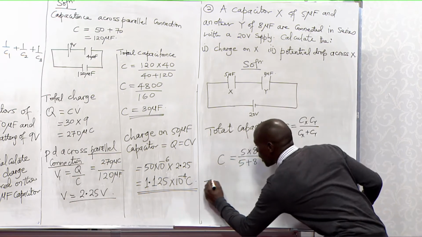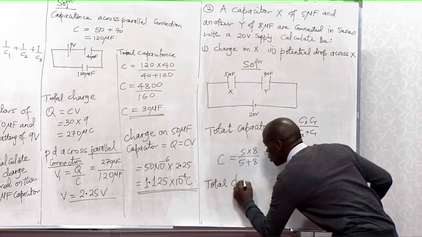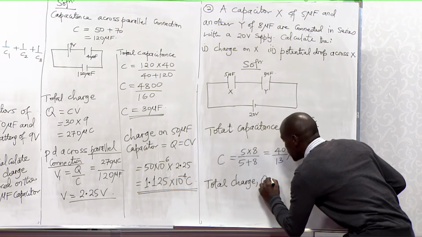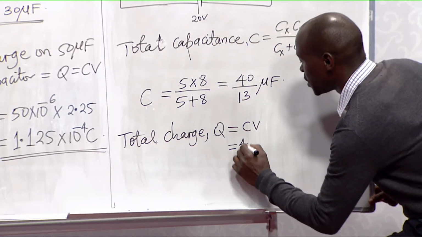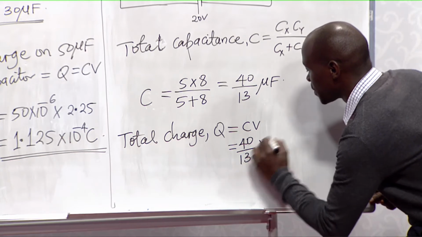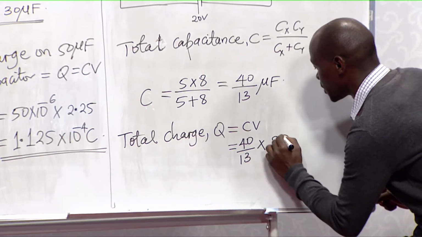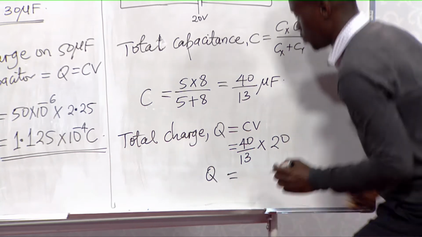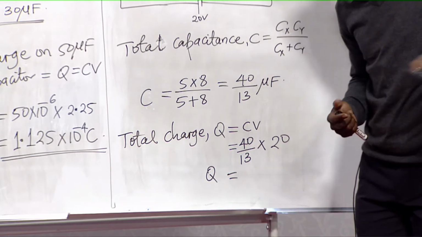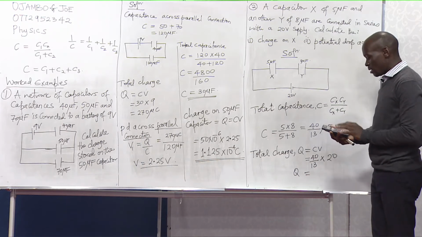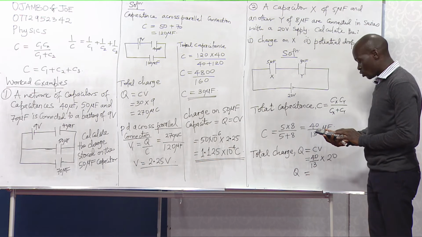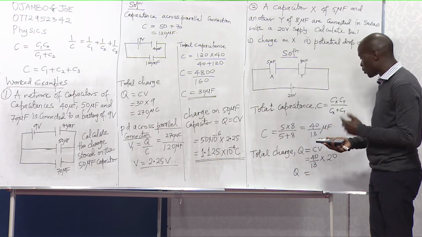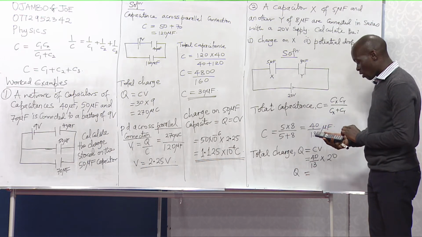So, total charge Q is equal to CV, which is going to give us our total capacitance, 40 over 13, times our total PD, 20 volts. And so our charge is going to be 40 divided by 13 times 20, which is 800 over 13, but we can take it to the smallest factor.